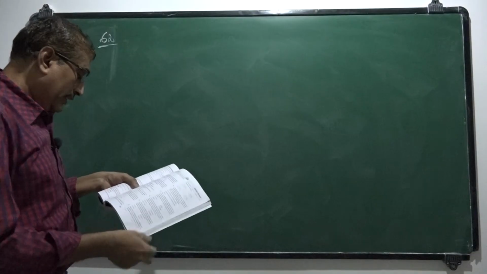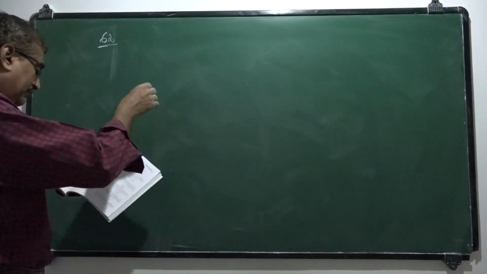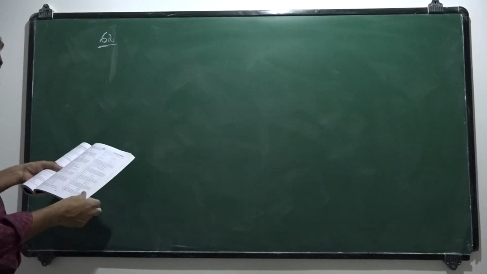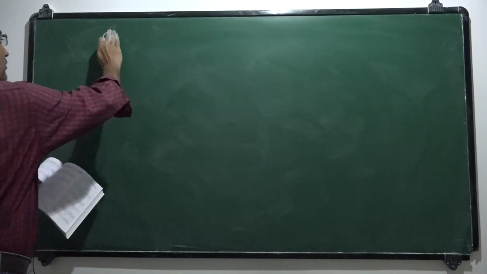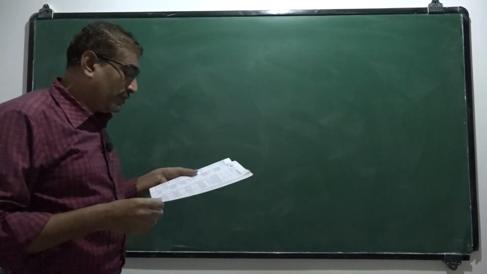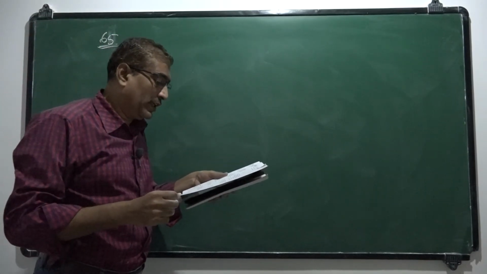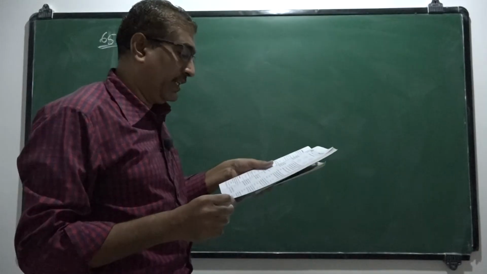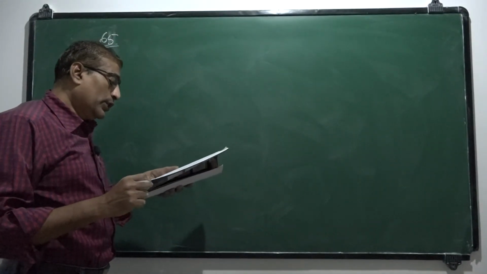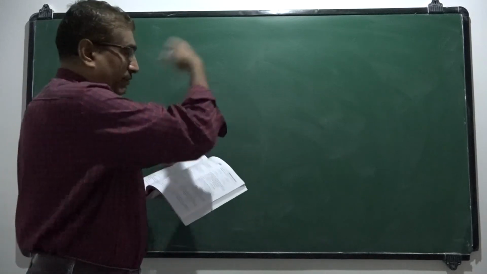Now the 67th one. Sorry, 65. Capillary tubes of diameter 1.52 millimeter are dipped vertically in the same liquid. The capillary ascents of the liquids in the tubes will be in the ratio, the same similar one.